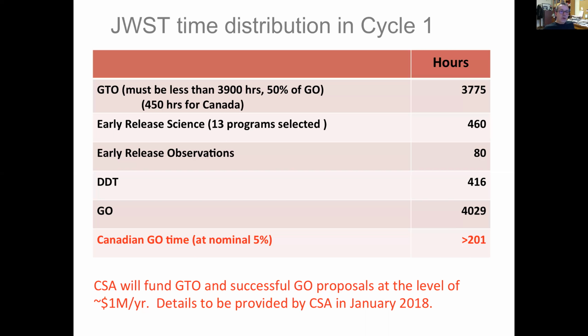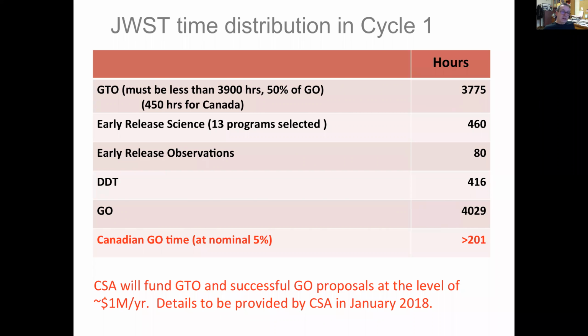And so early release observations, that corresponds to the very first observations and data that will be acquired by the observatory. So for public release, for public relations, and just to show off what the observatory can do. And there's about 80 hours there, about 20 hours per instrument to show what JWST can do.